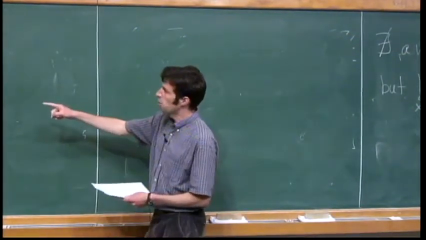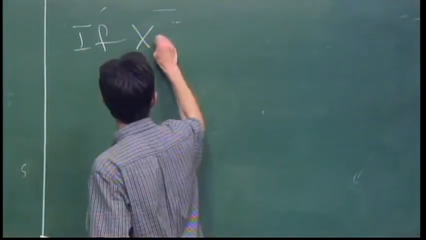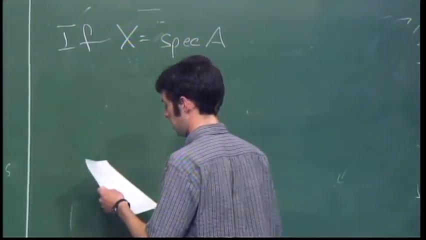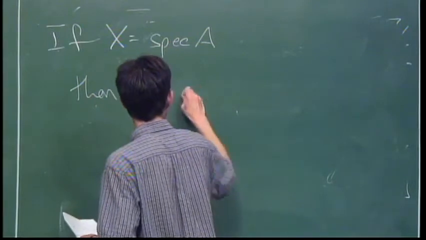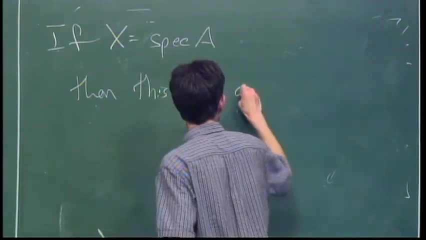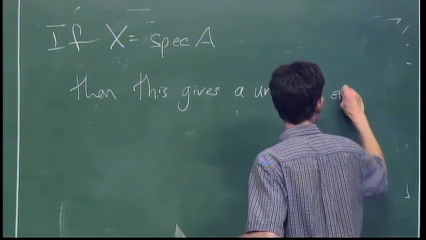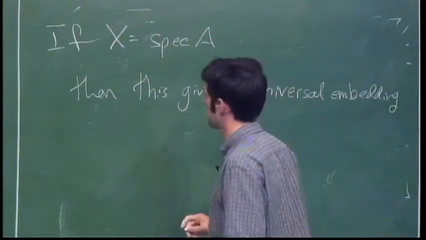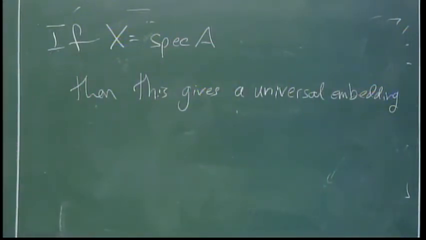Let me just say how we get this universal embedding. So if X is spec A, this gives a universal embedding, meaning universal among embeddings into things which are locally of the form K adjoin some monoid.